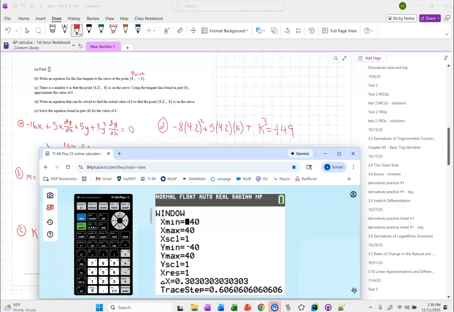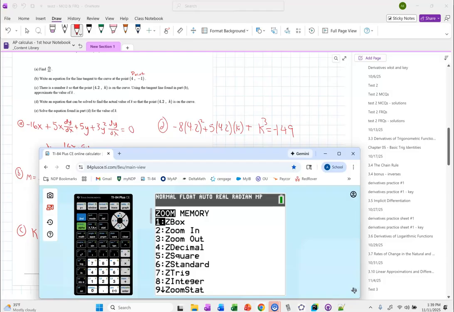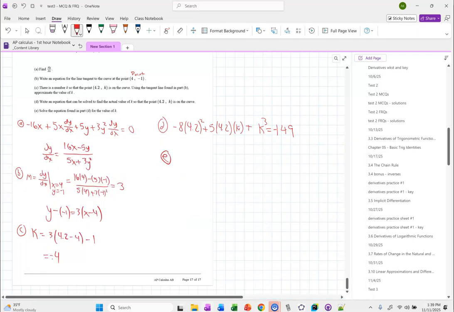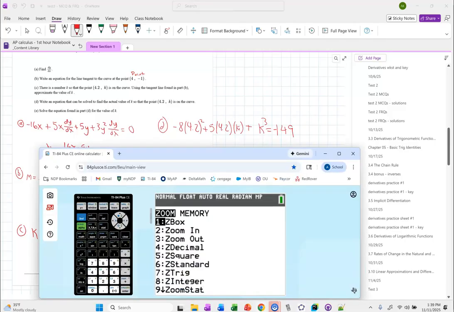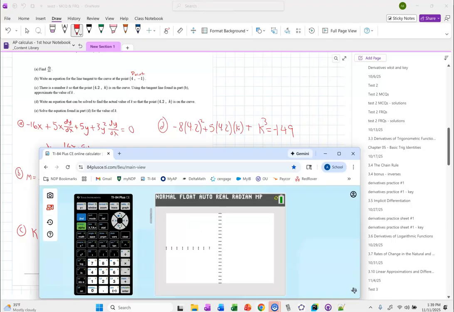I'm just going to do a ZoomStandard because I know that for -1 is a point on the curve. I'm guessing 4.2 is going to be relatively close to -1. I don't know that, but I think that's a fair guess. So I'm just going to do a ZoomStandard here to get my normal window.